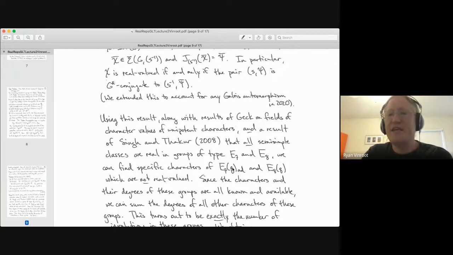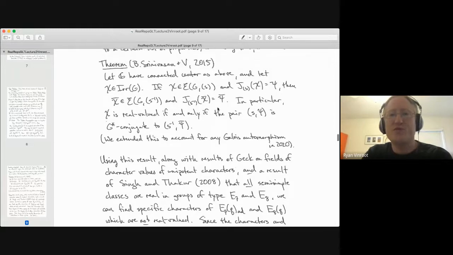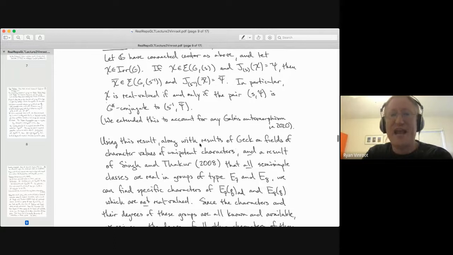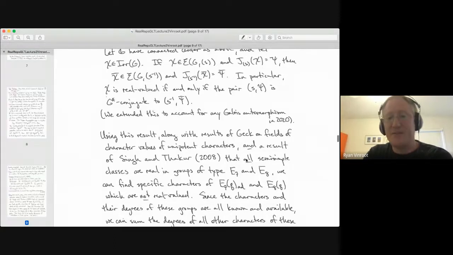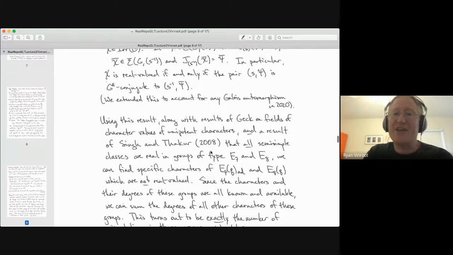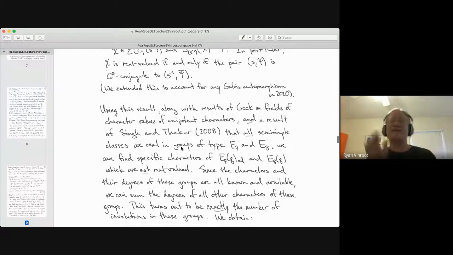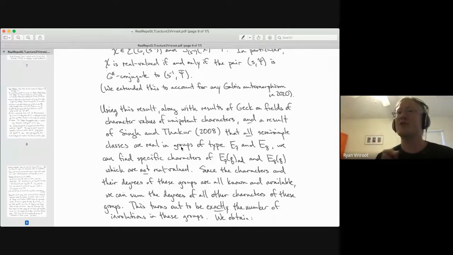So we know the character degrees of all of these groups, and we can use this result on the real valued characters and the fact that all of the semi-simple classes are real, so s is always conjugate to s inverse. We can use that and results of Geck on fields of character values of unipotent characters to write down specific characters which are not real valued. So what I'm trying to say is, in F4, only 4 characters are not real valued and they were all unipotent.